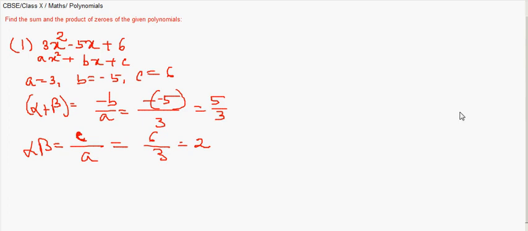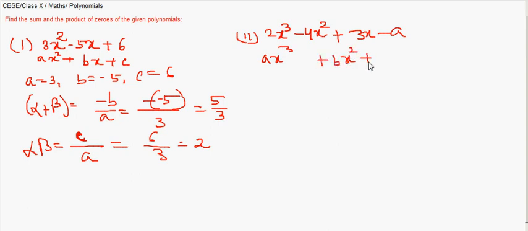This was a pretty simple one. I take up another question where the polynomial is 2x cubed minus 4x square plus 3x minus 8, so it is a cubic polynomial. If you compare, this is ax cubed plus bx square plus cx plus d.